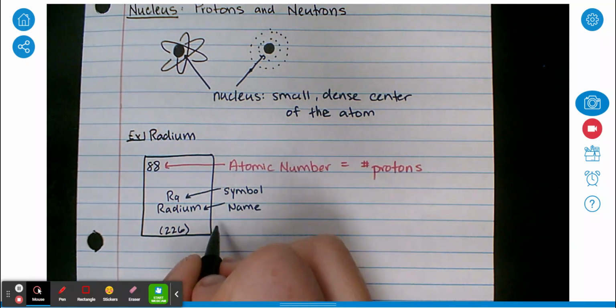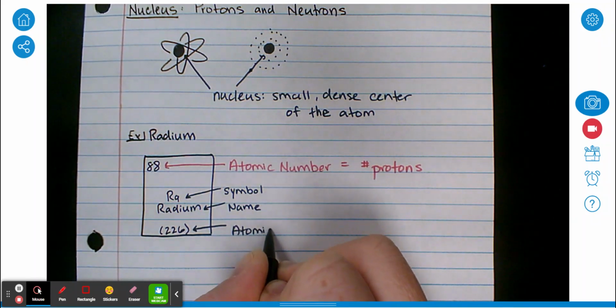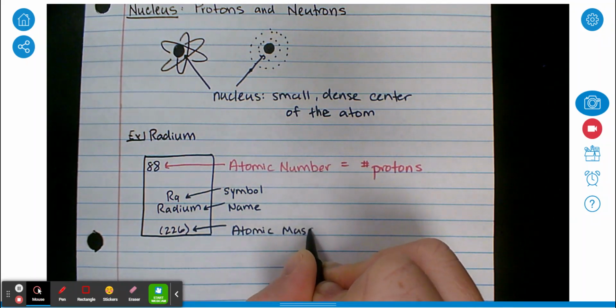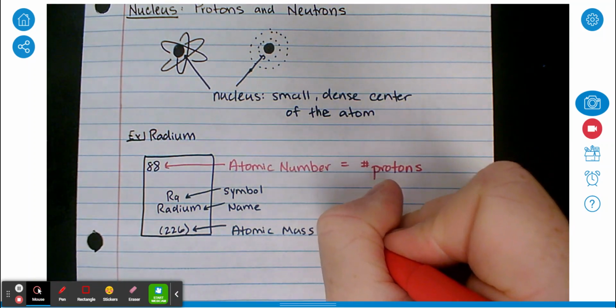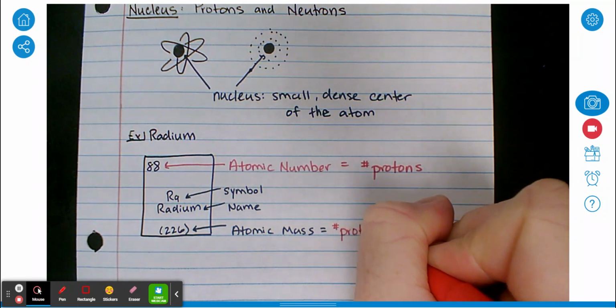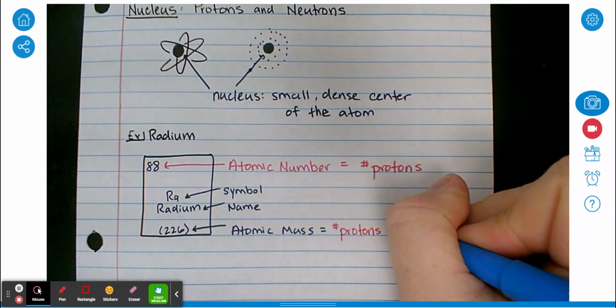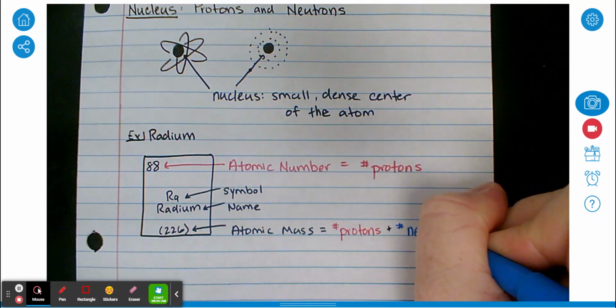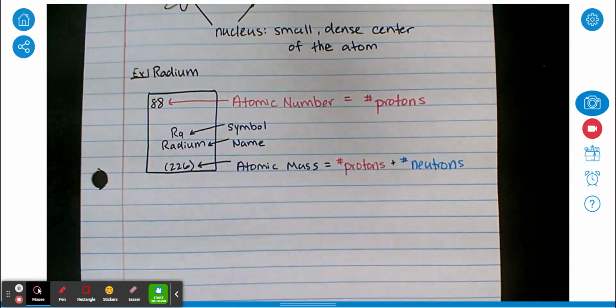And then if you remember, this 226 is actually our element's atomic mass. And atomic mass is equal to our protons plus our neutrons. All things we've done before, and now we can take this and we can draw the nucleus of radium.